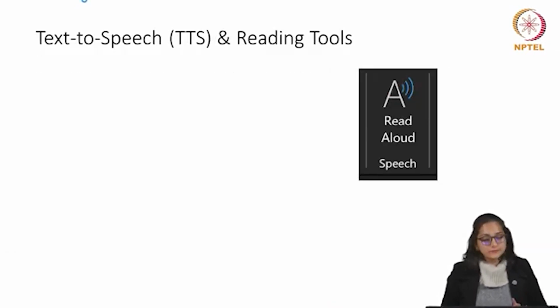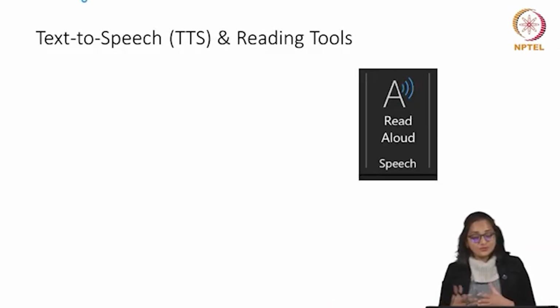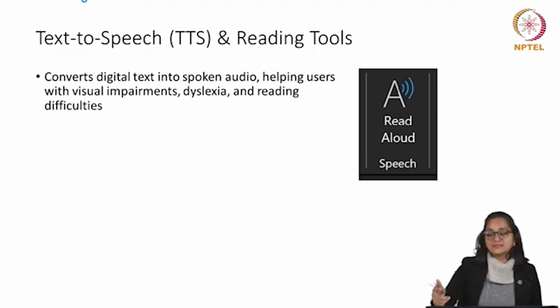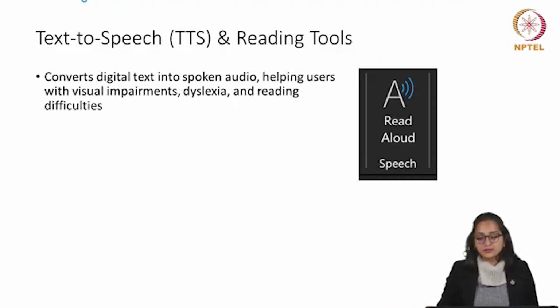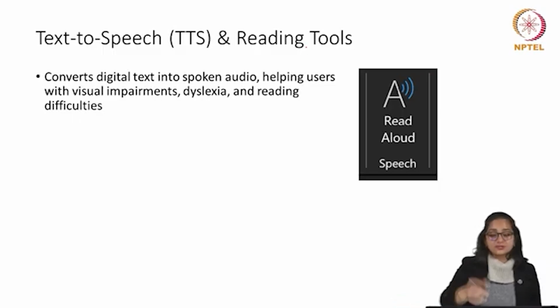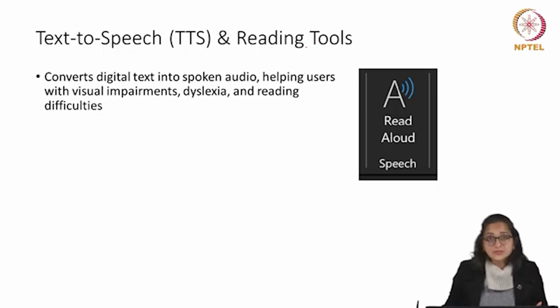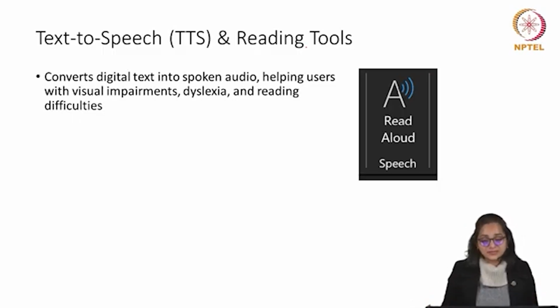Moving on, the other set of such tools is text to speech algorithms and reading tools. Similarly, Microsoft Word now has a read aloud button, which can help you in reading a document through a kind of text to speech algorithm. Again, it converts digital text into spoken audio, helps users with visual impairment or people with learning disabilities like reading disabilities like dyslexia and other reading difficulties.